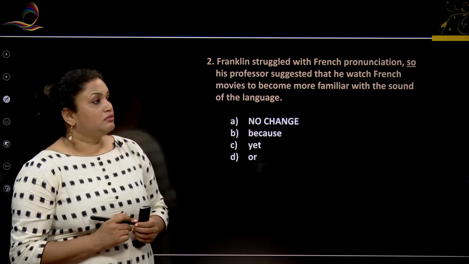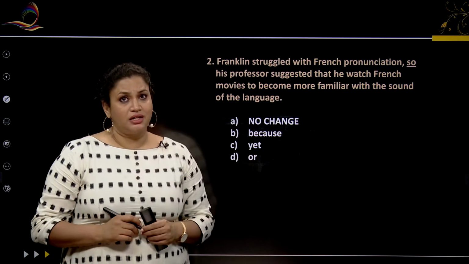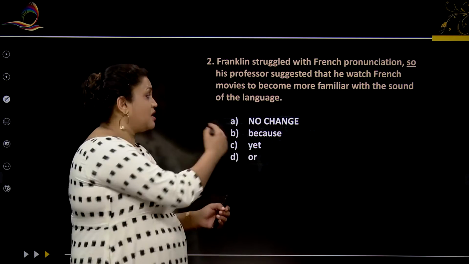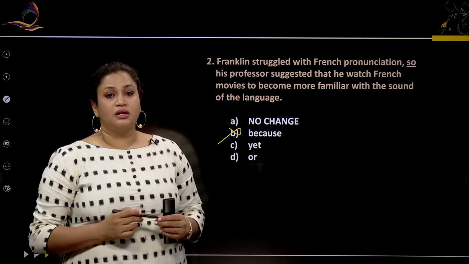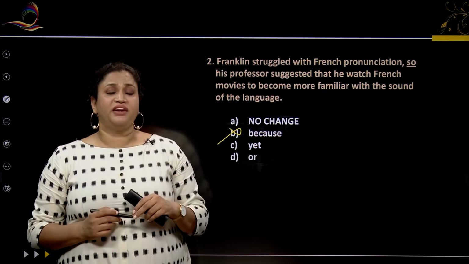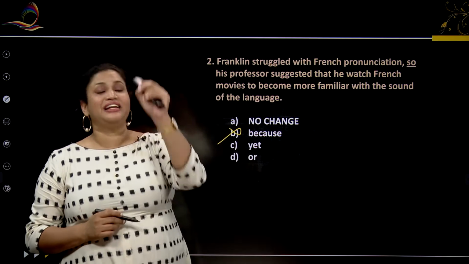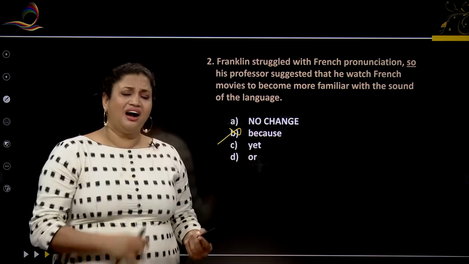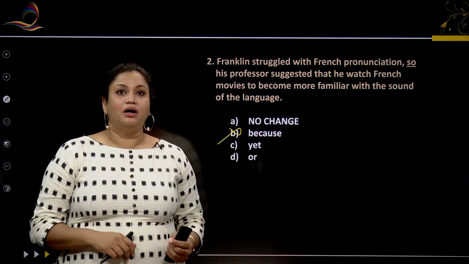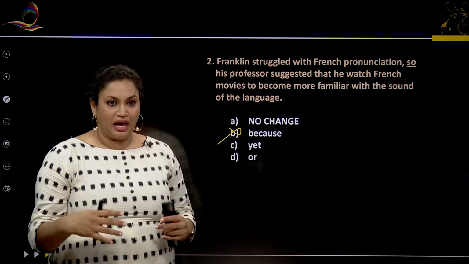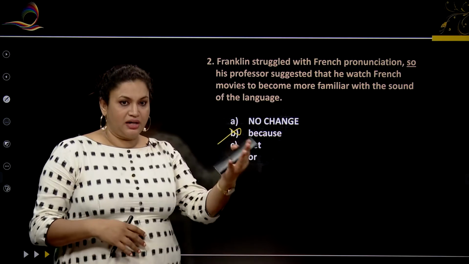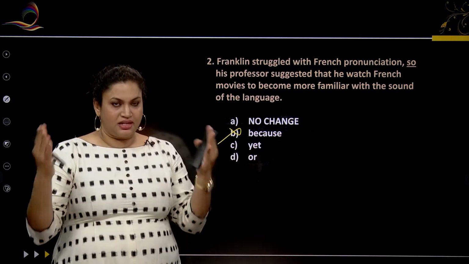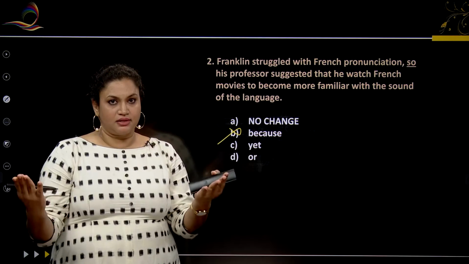Okay. Because his professor suggested? No, definitely that is not the option. So always eliminate the options. Franklin struggled with French pronunciation, yet his professor struggled. I worked hard, yet I failed. That's an additional thing that happened. I worked really hard. Yet is always used with contradicting sentences.